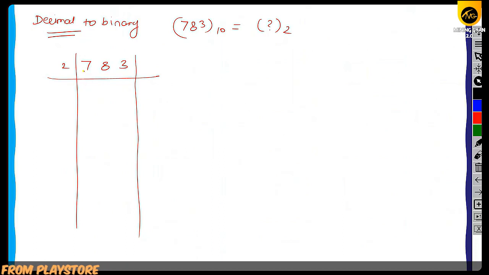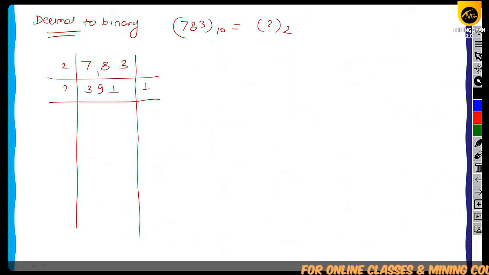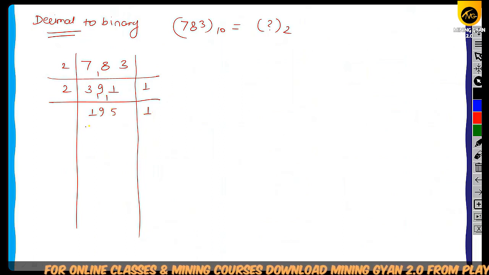So 2 threes are 6, 1, then 2 nines are 18, and then 2 ones are 2. So there is one remainder. Now again divided by 2, it will become 2 ones are 2, 2 nines are 18, again 1, so 2 fives, and there is one remainder left.